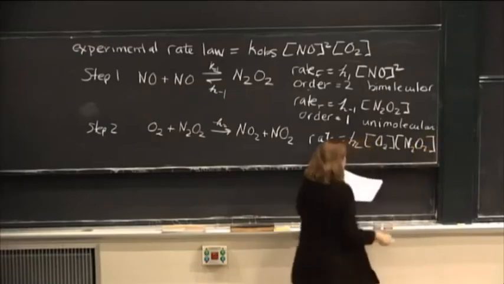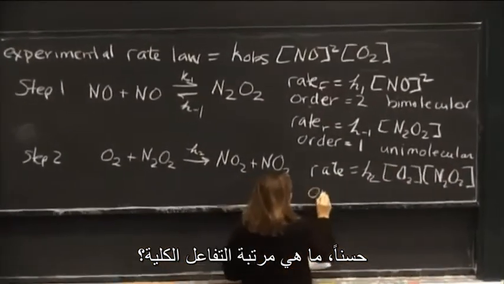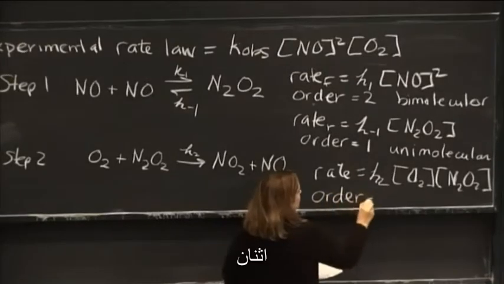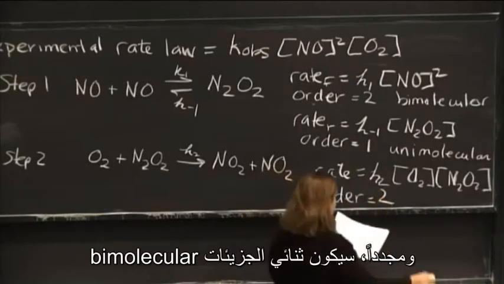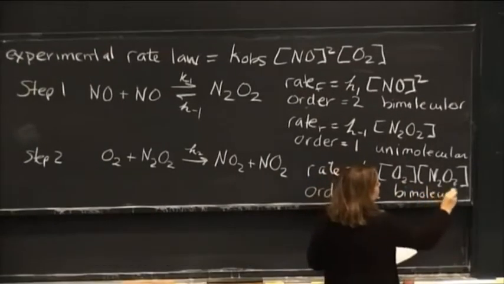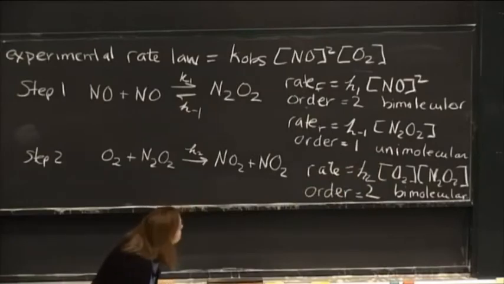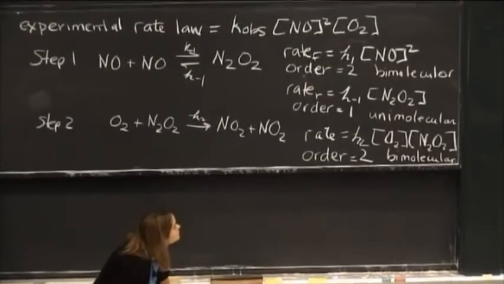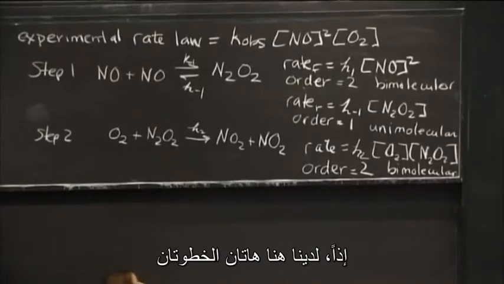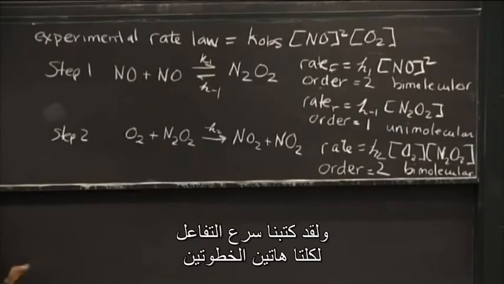All right, so what is the overall order here? 2. And again, that would be bimolecular. Let's put that up there. All right, so we have our 2 steps, and we've written rates for all of those particular steps.